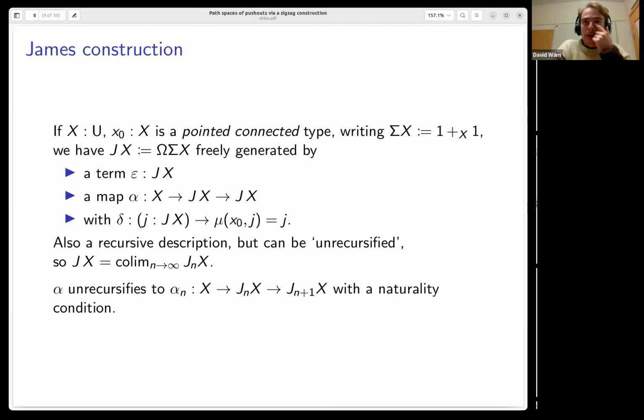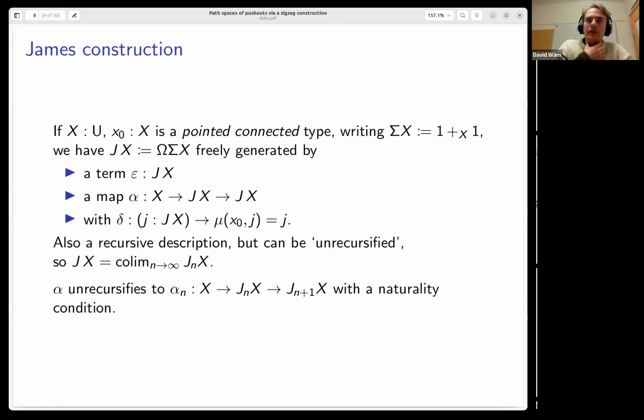And there's a recursive description of this loop space, JX, which says that it's freely generated by a term epsilon, which corresponds to reflexivity or the neutral element, a map alpha, which is some kind of action by X on JX, so it corresponds to precomposition by some generating paths in this loop space.